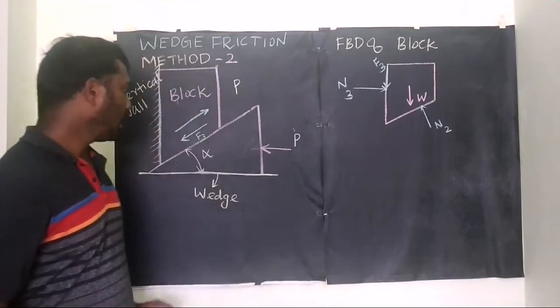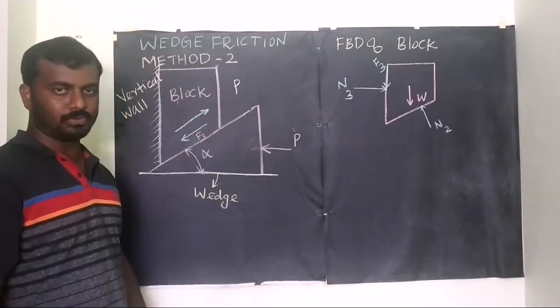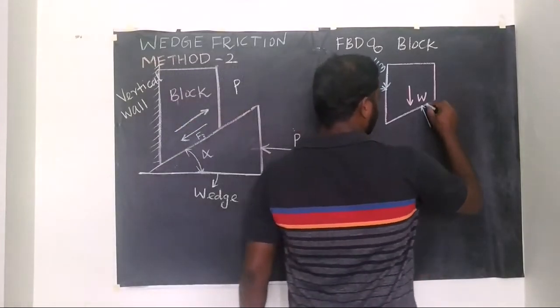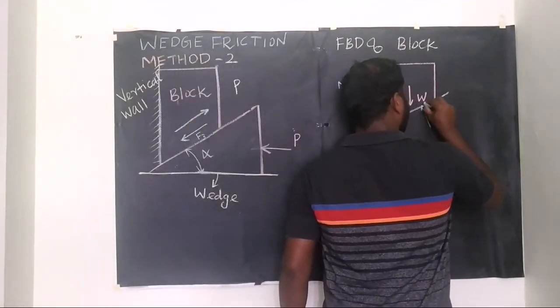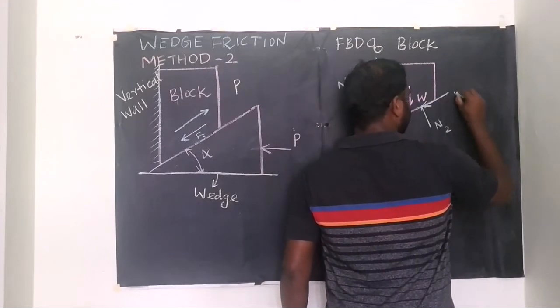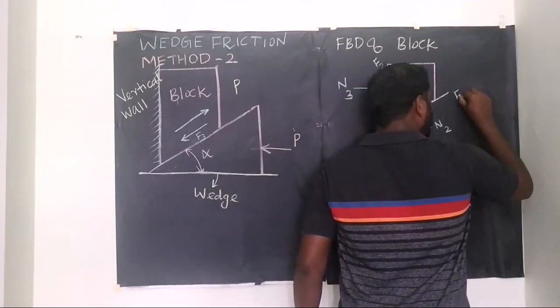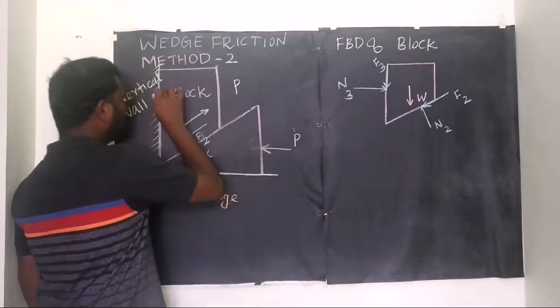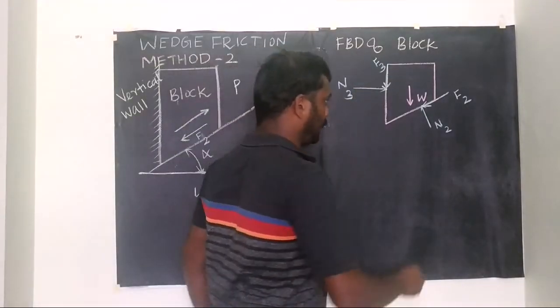Here I need only limiting friction force, so take this limiting friction force on the free body diagram. This is limiting friction force F2. This is limiting friction force F3.